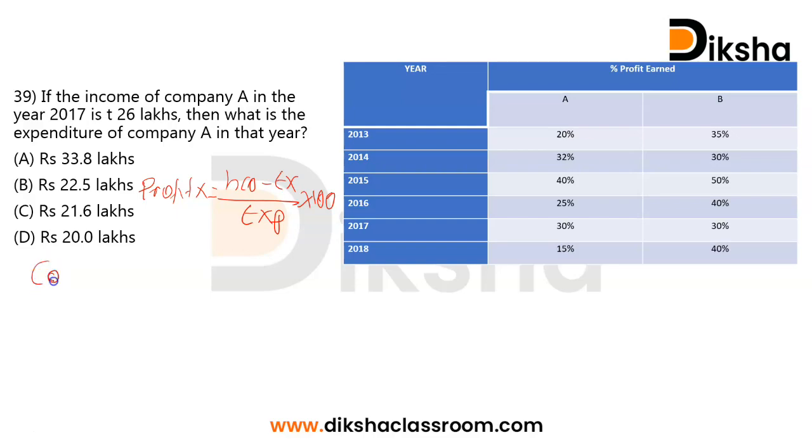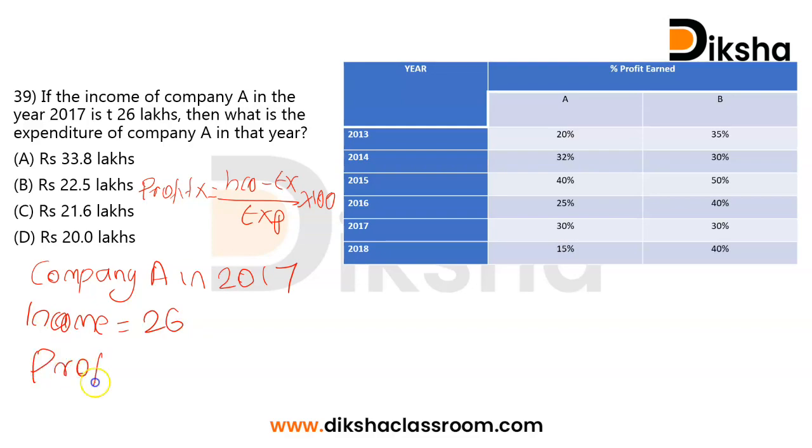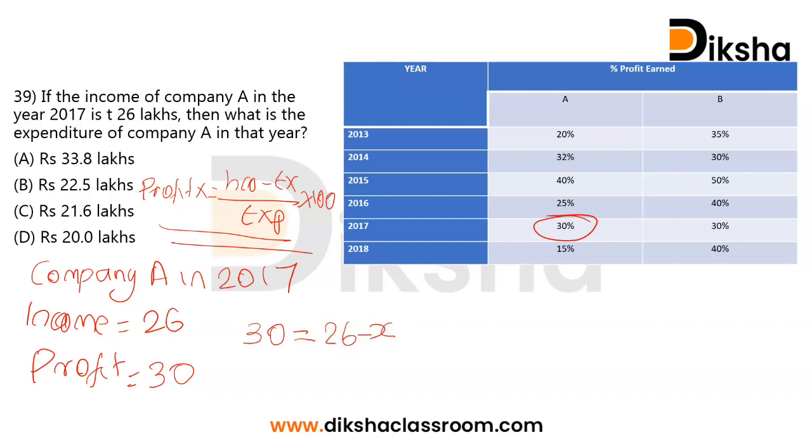One last time we'll be doing company A in 2017. Given income is 26, and company A's profit in 2017 is 30%. Substituting into the equation, 30% equals income 26 minus x by x into 100, which gives 30 by 100.